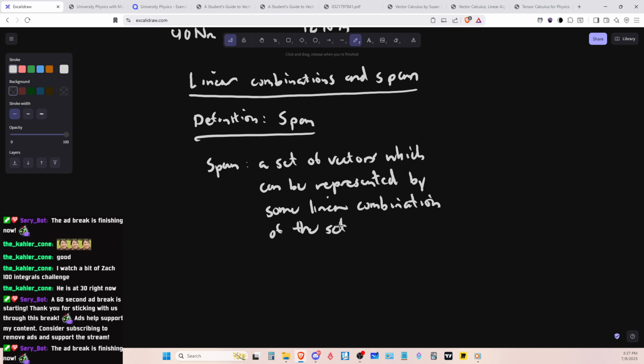So according to this, span is a set of vectors which can be represented by some linear combination of the set. Okay.